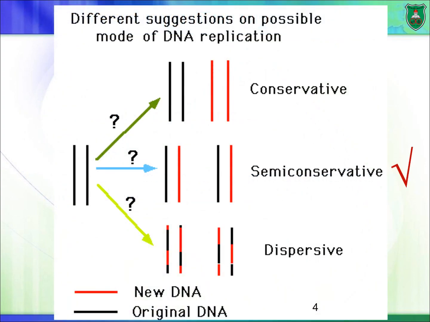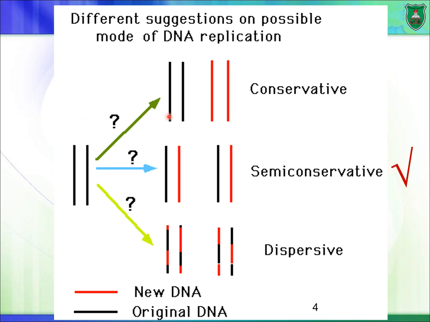So the thing is, the scientists didn't know how chromosomes are replicated, because this is necessary for continuation of life. And they came up with three theories. You have two original chromosomes in black, and you have two daughter cells.